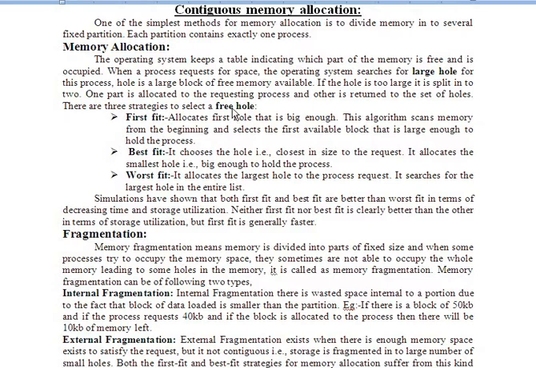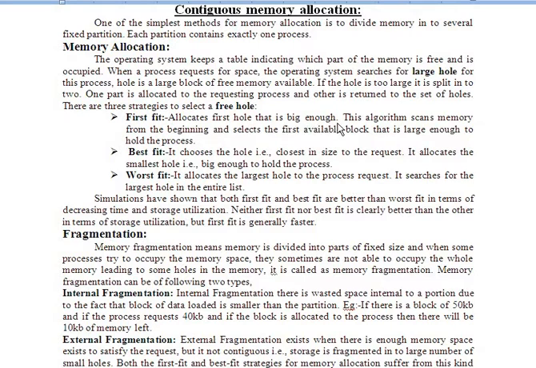Now, how exactly does the memory allocation happen? There are three ways to do it. One is called first fit. First fit, as the name says, allocates the first hole that is big enough.